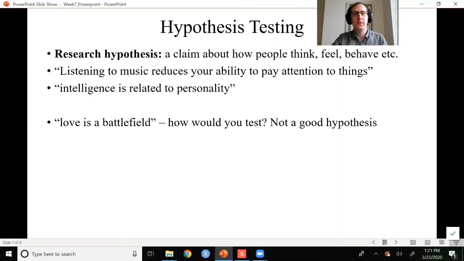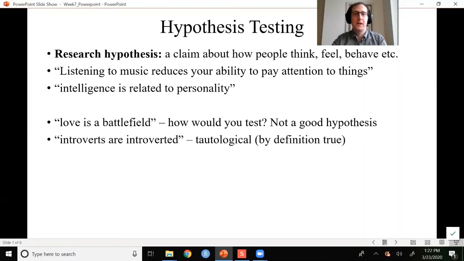So here are a few examples of hypotheses that aren't that great. You might have these general ideas, but it might be impossible to test those ideas. It might be so vague that you really don't know how to interpret it. So if you're saying love is a battlefield, that's the example in the textbook, I don't really know how you would test that, how you would examine it, so that's not a very good hypothesis.